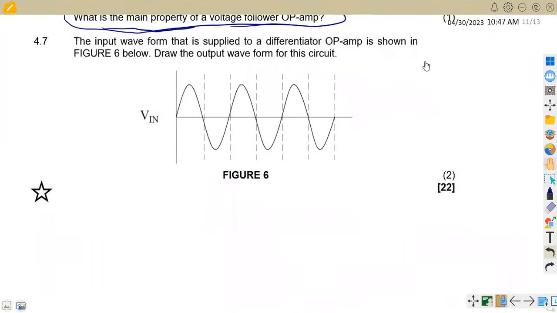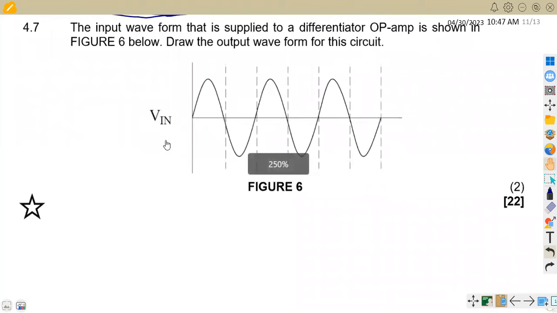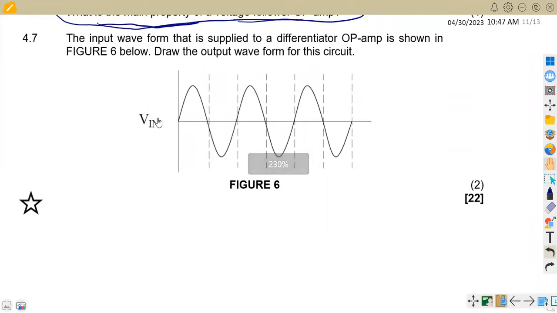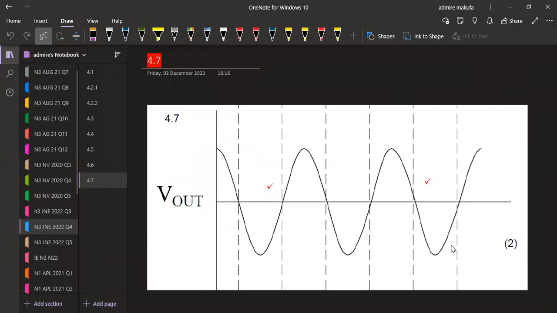Then on 4.7, the input waveform that is supplied to a differentiator op amp is shown in fig 6 below. Draw the output waveform from the circuit. This is the input wave V in. What about V out? Sometimes they can even give you both V in and V out to draw. For V out, this is what we are going to have depending on the cycle.